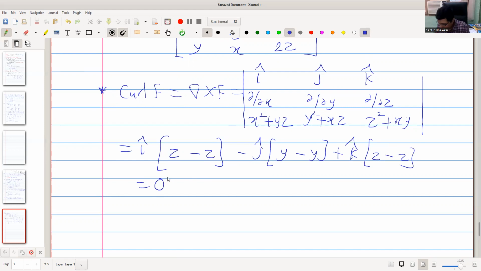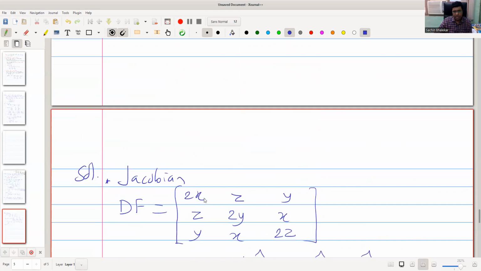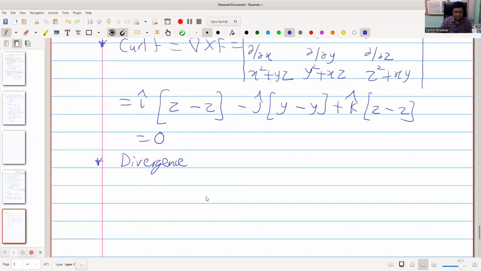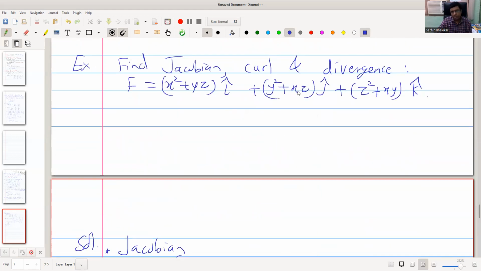Okay. Next thing is divergence. Divergence is simply del dot f, that is equal to partial derivative of first term with respect to x plus partial derivative of this with respect to y, and then plus partial derivative of this third component with respect to z.